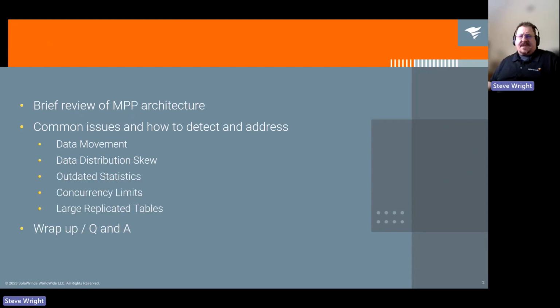The dedicated SQL pools, as they're known now in Azure Synapse, are based on that same architecture. It's important to understand that architecture, especially as compared to the standard SQL Server architecture and how that product works, when you're troubleshooting these particular issues.